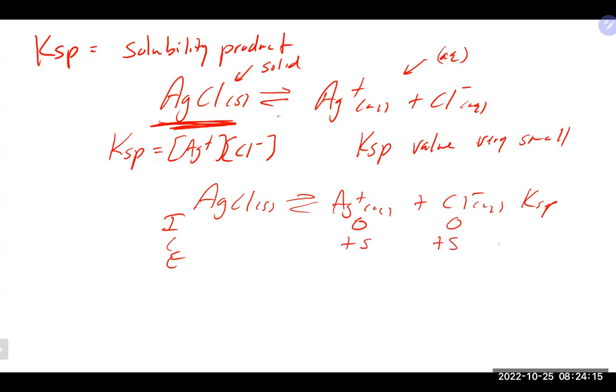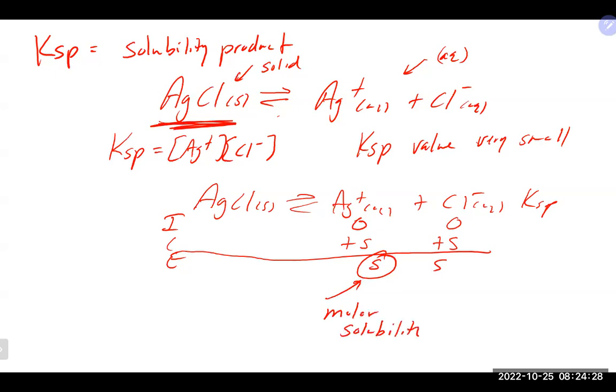We often use S instead of X. It doesn't really matter, you can use any letter you want. But here, the S usually represents the molar solubility, which is the molarity. Then we solve it just like a normal ice table. We would put our equilibrium values into our KSP expression and solve for S, and that would give us our molar solubility.